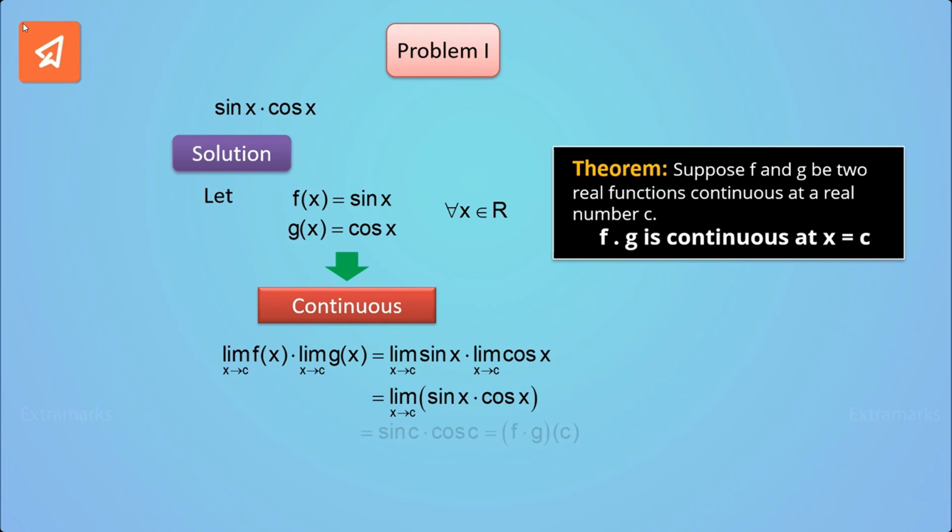On simplifying, we get sin c times cosine c equals f times g of c. Thus, we can say that the given function is also continuous.